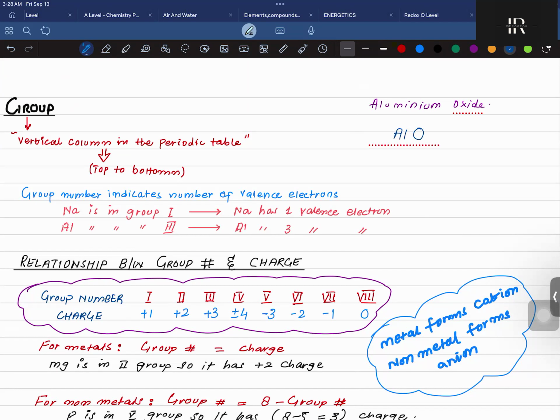Can you tell me in which group aluminium is? What's the proton number of aluminium? No, I'm just asking, see the periodic table and just tell me in which group aluminium is.